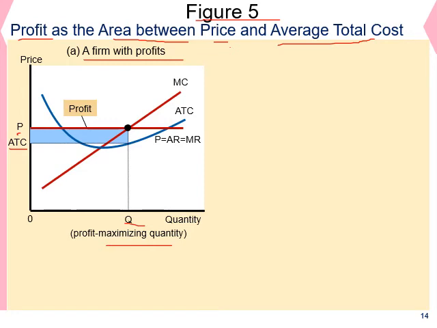Therefore the profit will be the shaded area right here. Profit is measured by the profit per unit, P minus ATC, times the quantity produced Q, which is the total profit, this area.